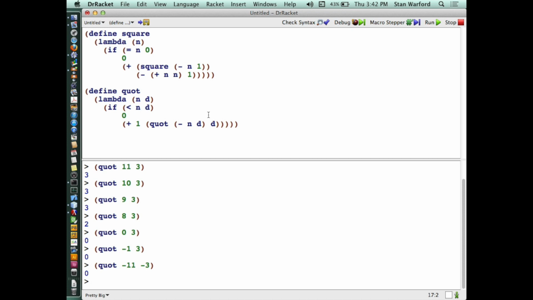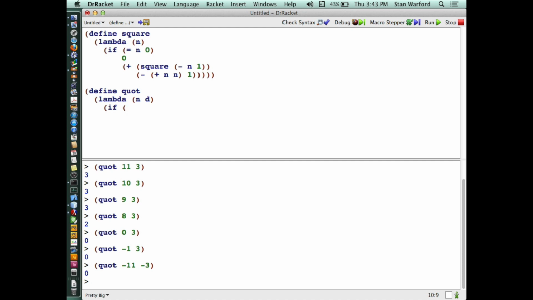Is there an or? No. Well, I mean, yes, there is. I lied. But before we do the if n is less than d, what should we do? First of all, let's check if d is less than 0, right?